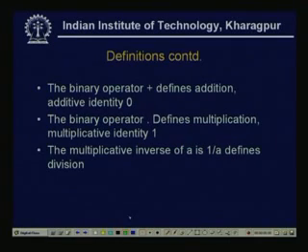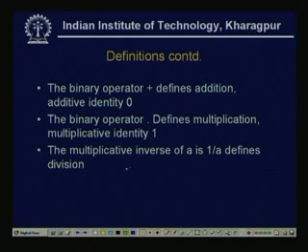So, if we take the two operators plus and dot on the set S, then we can summarize with respect to our identity elements that if the binary operator is plus, which defines addition, then the additive identity is 0, and if we take dot as the operator which defines multiplication, then the multiplicative identity is 1.